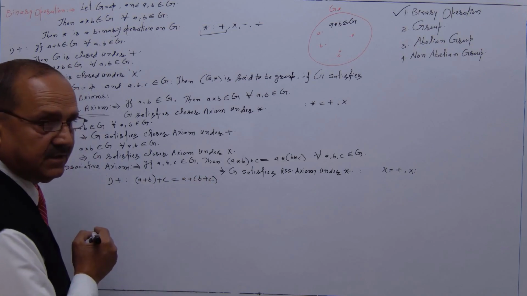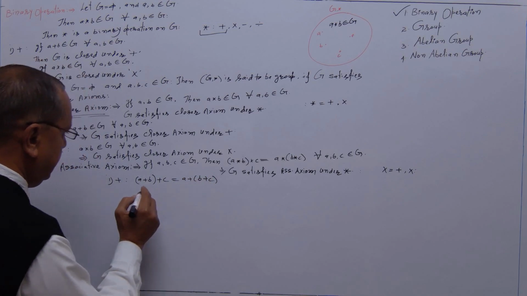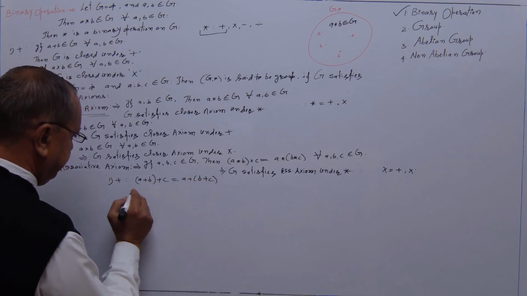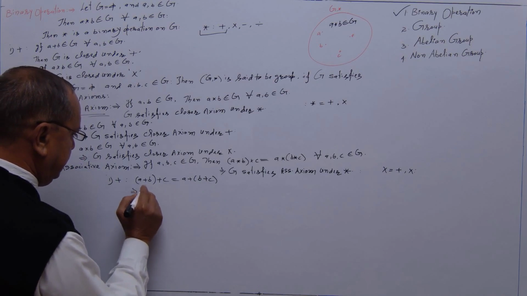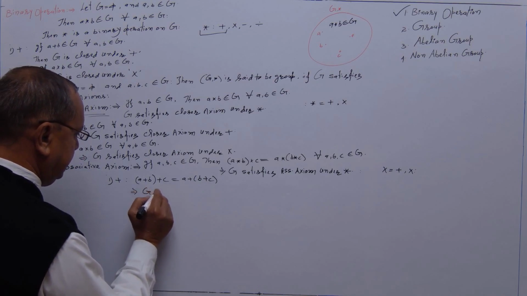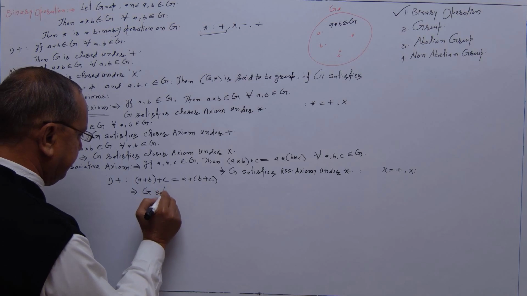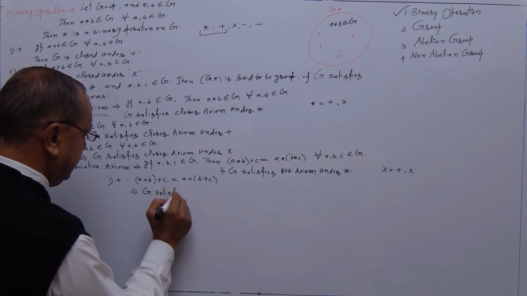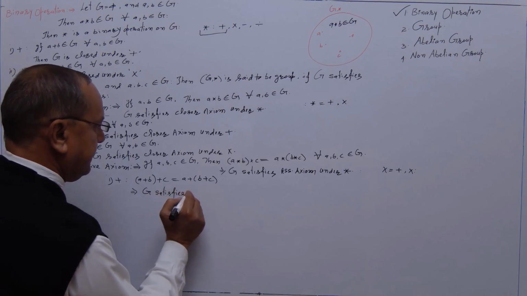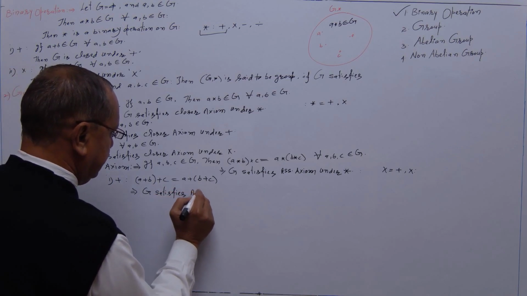If these both are equal, it means G satisfies associative axiom.